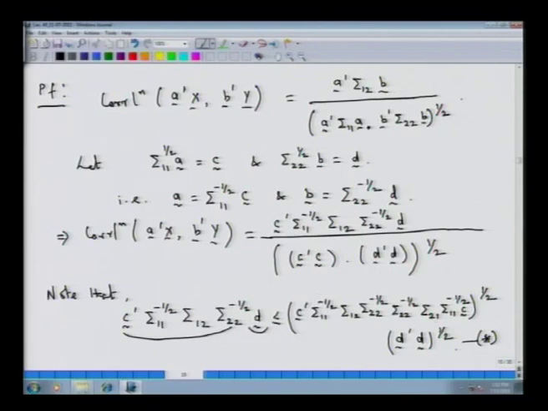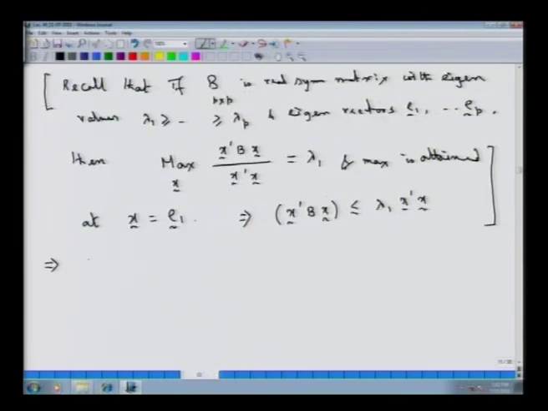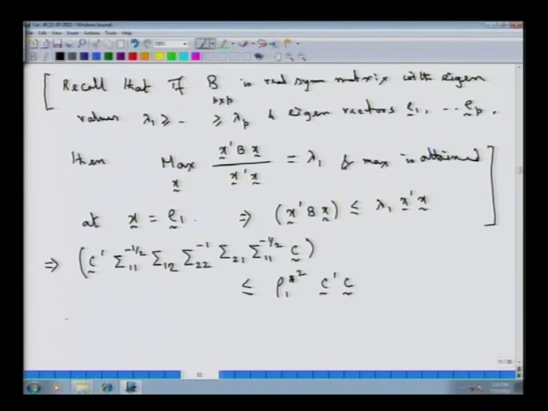We will consider this entire matrix here, which in our earlier notation is equal to A prime matrix, and then look at its eigenvalues and eigenvectors, and using this particular result we will be able to say that this C prime sigma 11 to the power minus half sigma 12 sigma 22 to the power minus 1 sigma 21 sigma 11 to the power minus half times this C vector, using this expression, would be less than or equal to the largest eigenvalue of this matrix, which we have earlier denoted by rho 1 star square, times this C prime C, with equality attained, I will give this as equation number double star.